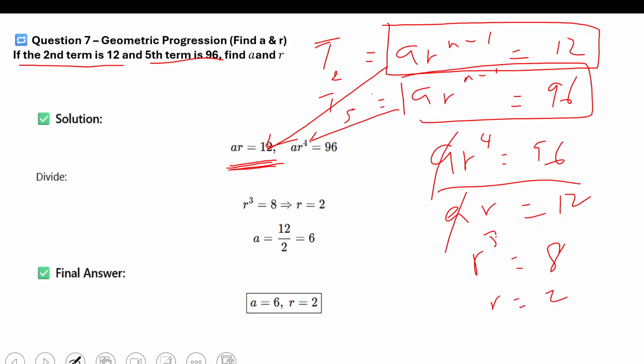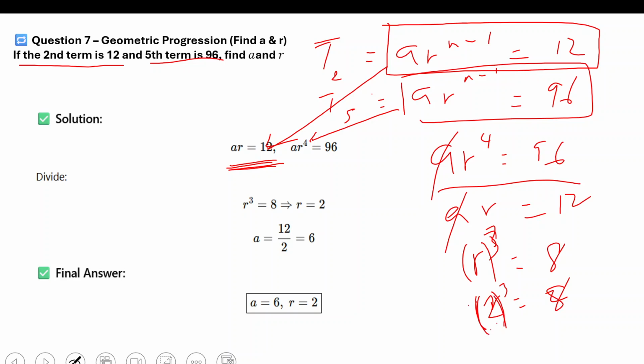Why? Because r raised to the power 3 equals 8 means that 2 to the power 3 will give us 8, right? So r is 2. Compare this one and this one, right?